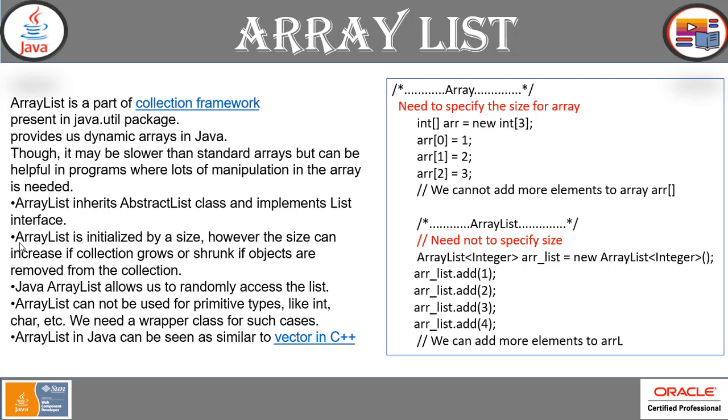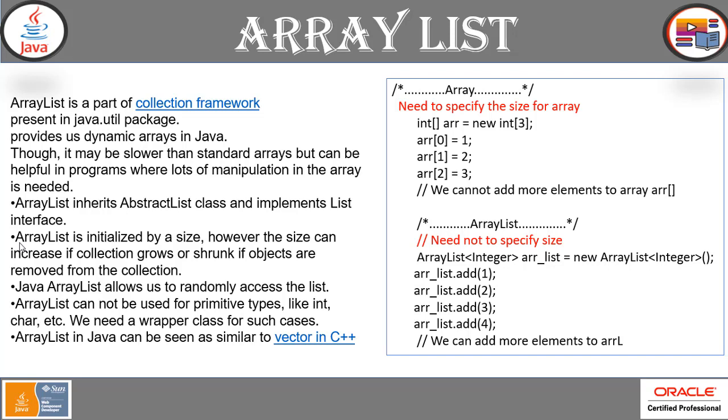Since it's a collection framework, you can add and remove elements as required, which is possible in the case of ArrayList. Java ArrayList allows us to randomly access the list. You do not need to go in a sequence. You can randomly access the elements. ArrayList cannot be used for primitive types like int and char. We need a wrapper class for such cases. So this is all about the ArrayList.